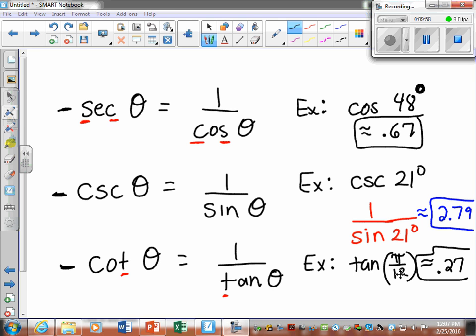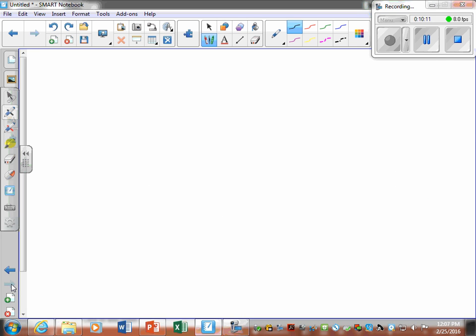Hit your mode button and you should have a place where you can change from radian to degree mode and interchange back and forth. So make sure when you're working with radians you are in radian mode, as well as this next example, secant of 1. That's not a degree right there. If I don't have a degree, we need to use radian mode.